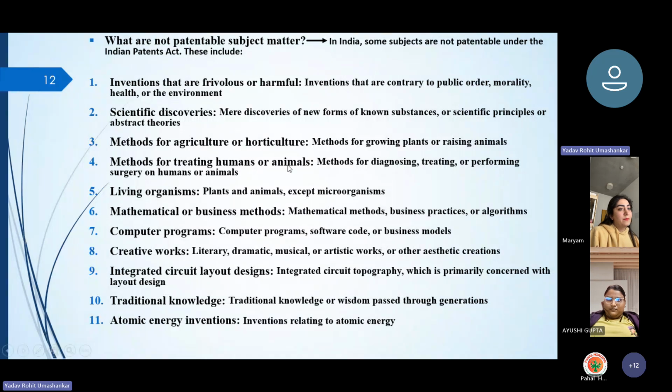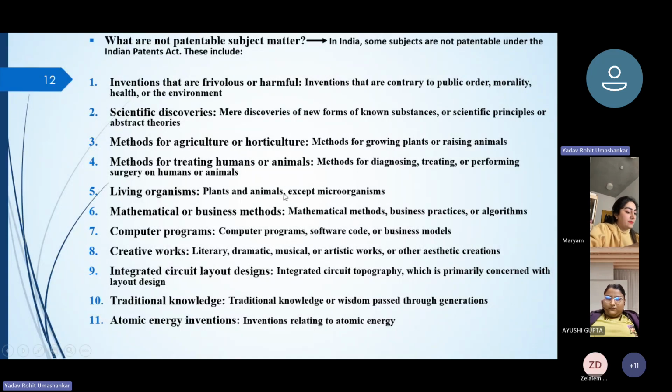Methods for treating humans or animals include methods for diagnosing, treating, or performing surgery on humans or animals. So if you discover a new method of performing surgery or treating animals, that also doesn't fall under the patentable subject matter.